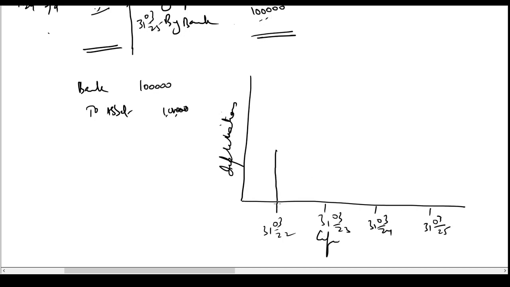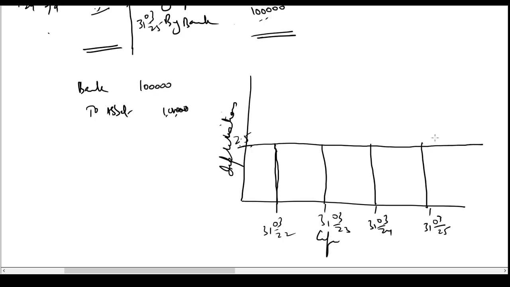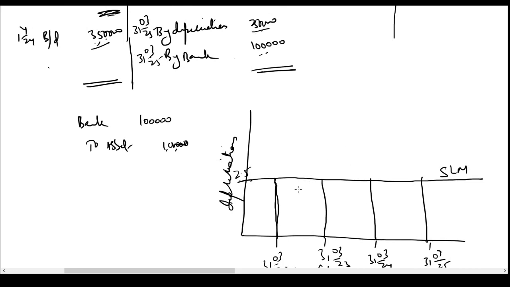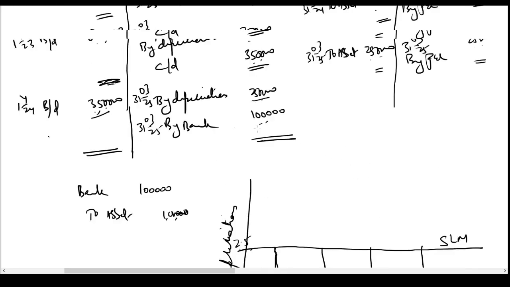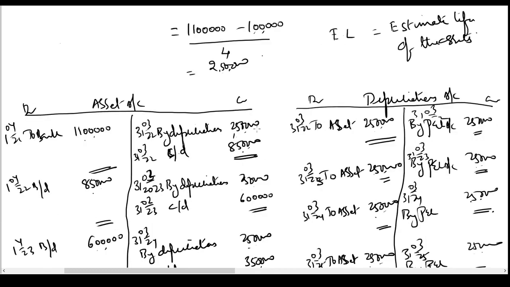So 2,50,000 was the amount of depreciation. This year also same amount, and the same in every year. If you draw a line through all these points, then you have the SLM method. The depreciation remains horizontal, or the depreciation curve is a horizontal curve. So it is a straight line. That is why this is called the straight line method of depreciation.